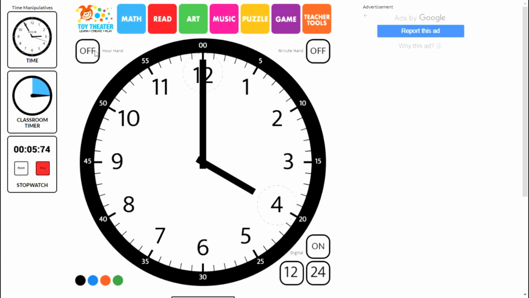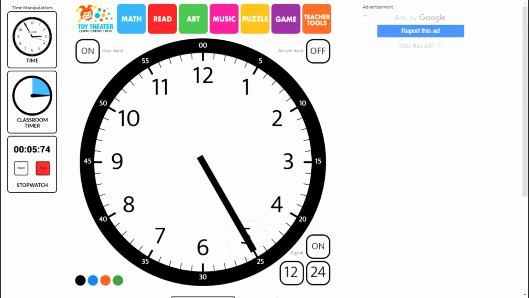Before that, we have to learn about the moving of minutes. That's why I'm going to hide the hour hand. So we are going to concentrate on the minute hand. Just now we know that it is for a clock, right? So now I tell you that some time has passed when I am waiting for my friends. I wonder how many minutes have passed if the minute hand is in this position.